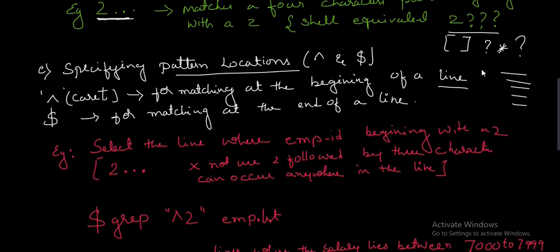Consider a file where you already have a table: EMP ID, name of the employee, then phone number, then mail, then salary. You have the details of the employees in this format, with so many lines.